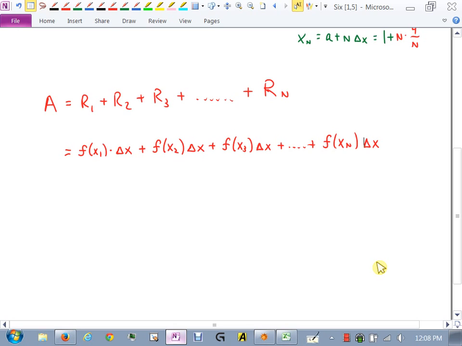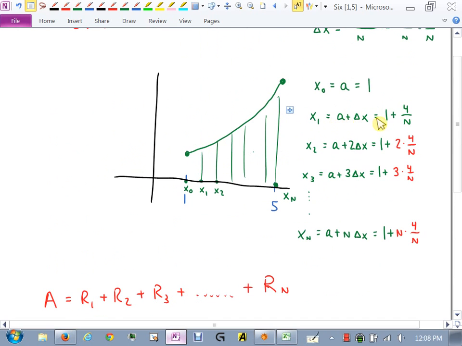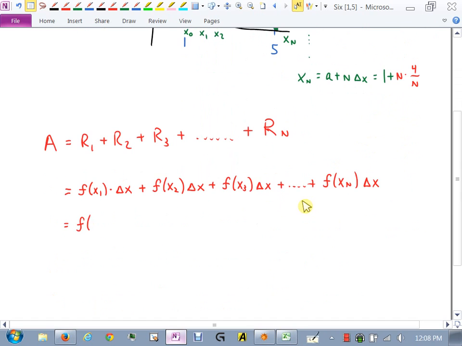Tell me what f of x sub 1 is. So this is f of, for us, 1 plus 4 over n, and what was delta x? 4 over n. What's the next one here?